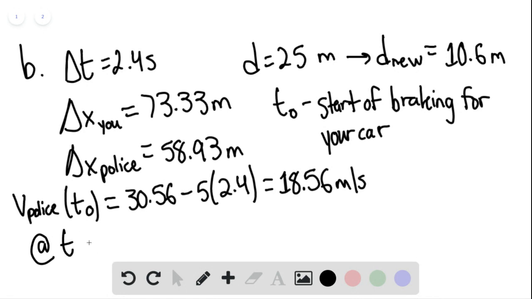And we know that collision occurs at time t, so at t, the x position of the police car is equaling the x position of your car.